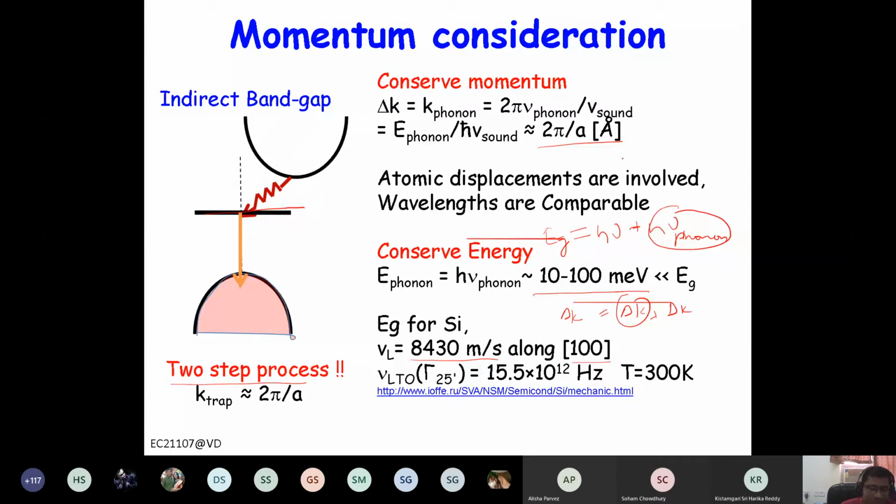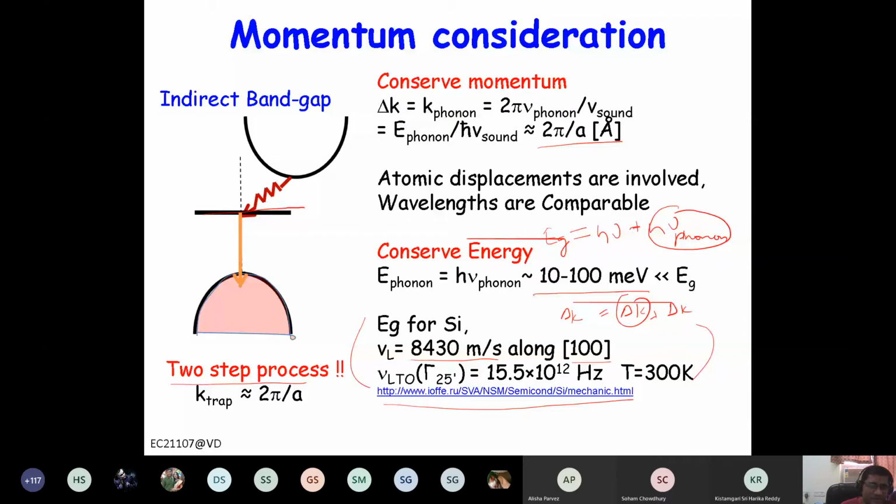That wavelength is of the order of the lattice constant. And these are basically different phonons. There is a longitudinal phonon, there is a transverse phonon. They have different frequencies, so their energy is also different, right? This data is taken from this reference. But we don't have to go into the details of the phonon right now. If required, I will take it up later.